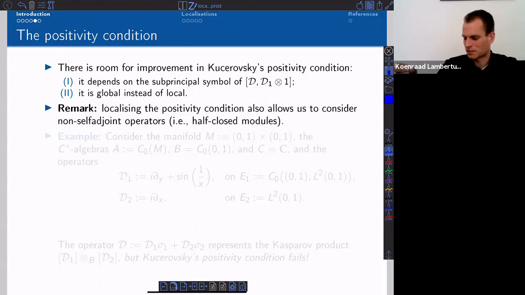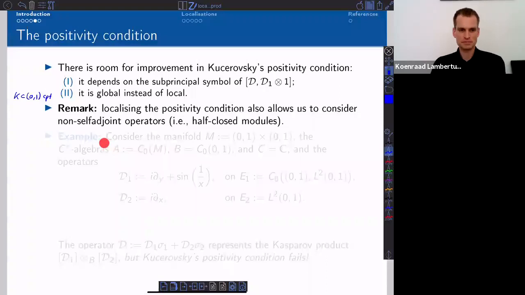The idea there is more or less that if we have a compact subset of our unit interval, for instance, then we can consider our operator on the unit interval and restrict it to this compact subset, or we can consider the operator on the real line and restrict it to this compact subset. And once we restrict this to the compact subset, you can no longer tell the difference.